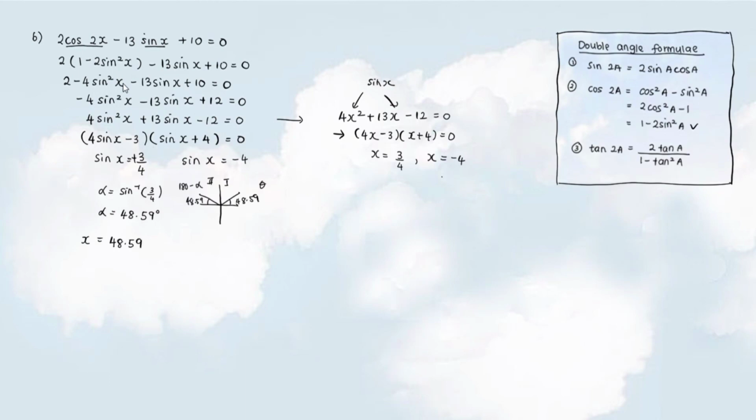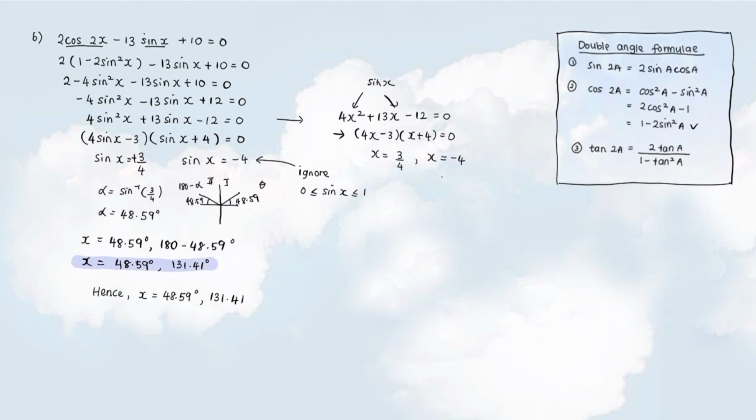So x is equal to 48.59, and 180 minus 48.59, which is 131.41 degrees. Sin x is equal to negative 4, we ignore because the range of sin x is from negative 1 to 1. Hence, x is equal to 48.59, 131.41 degrees.